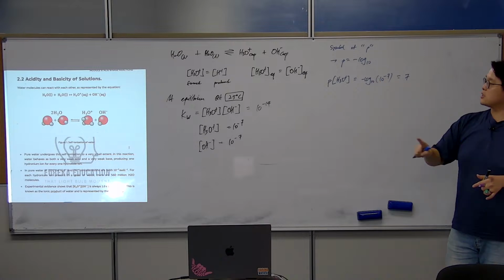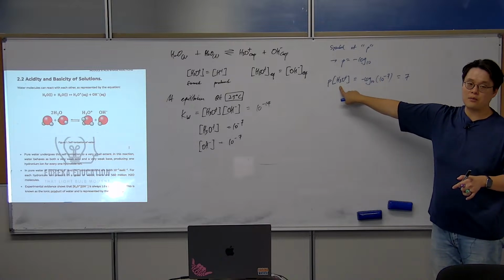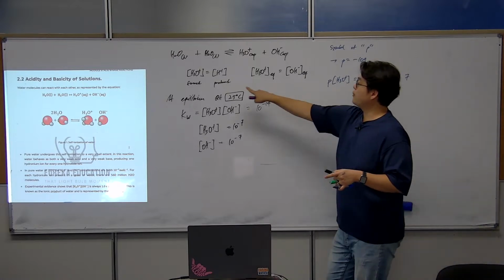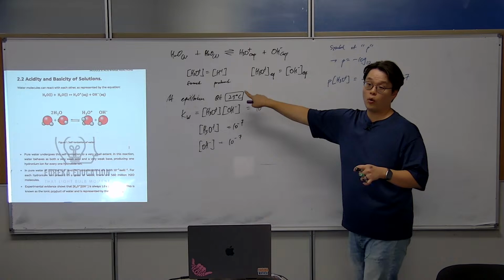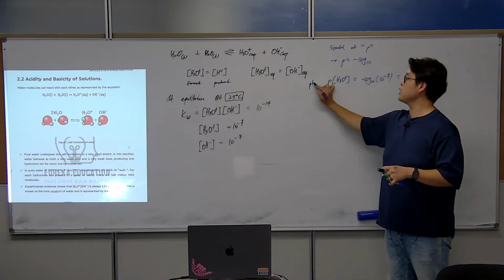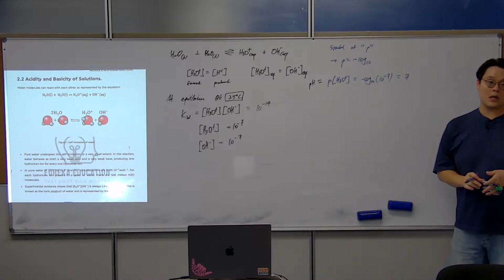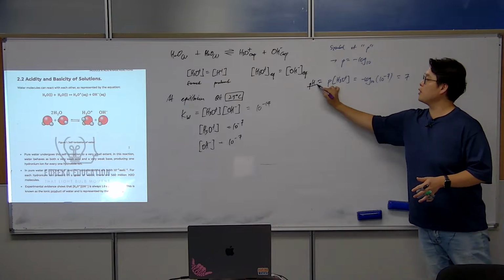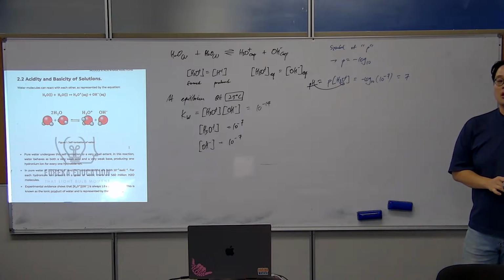I don't even want to see that anymore. So I'm just going to take the hydronium ion, which is the same as the hydrogen ion that formed too. This is called the pH. This is how we define the pH in chemistry and science. It simply means that pH is referring to the concentration of the hydrogen.